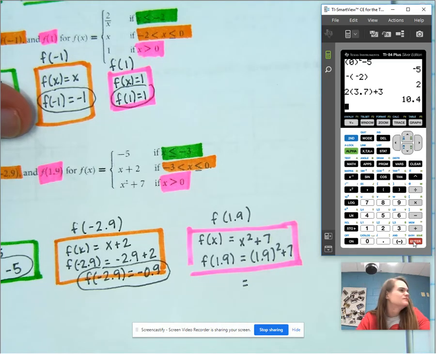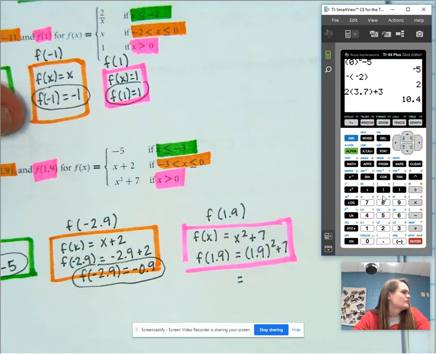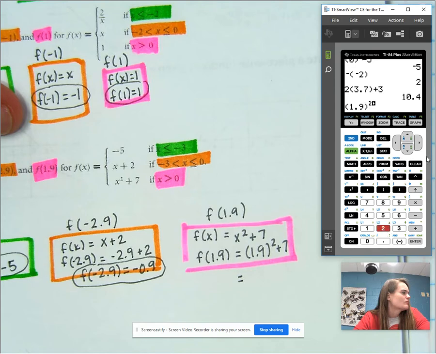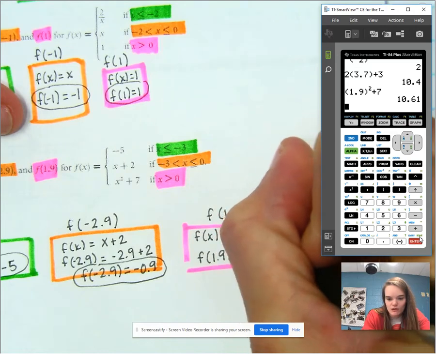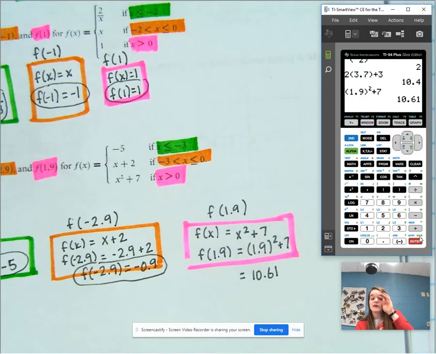Let's see what that is. 10.61. Okay, that is how you evaluate a piecewise function.